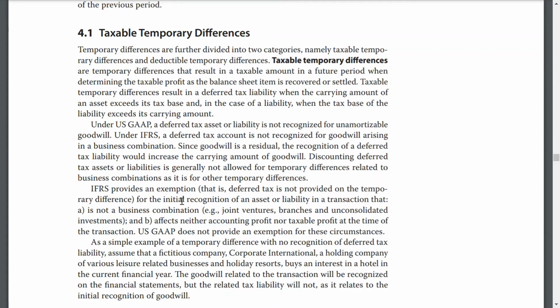Under US GAAP, a deferred tax asset or liability is not recognized for goodwill that is not amortized. Under IFRS, a deferred tax account is not recognized for goodwill arising in a business combination. Since goodwill is a residual, the recognition of deferred tax liabilities would increase the carrying amount of goodwill.